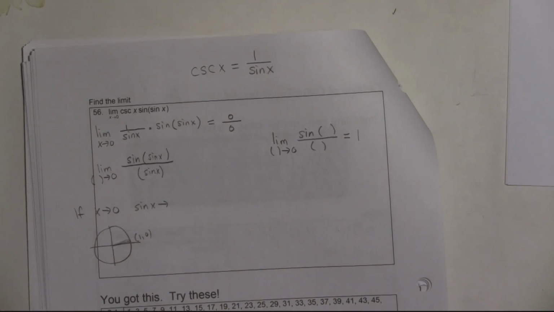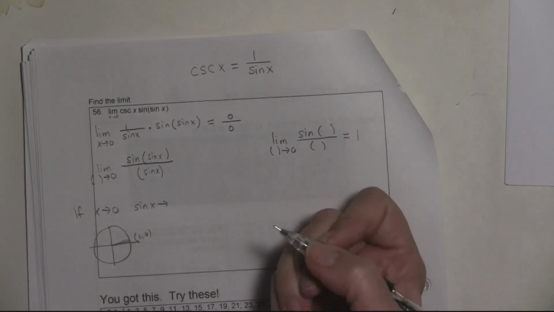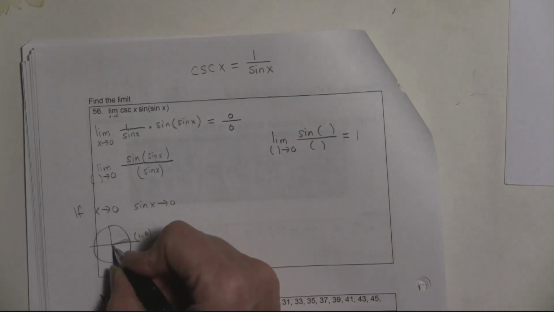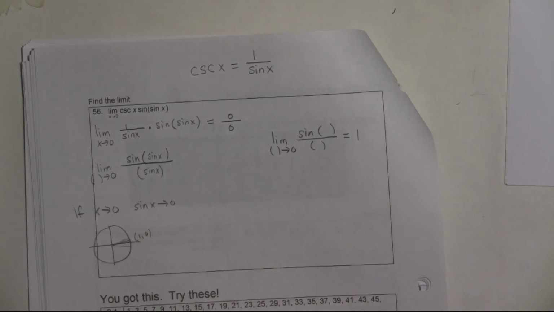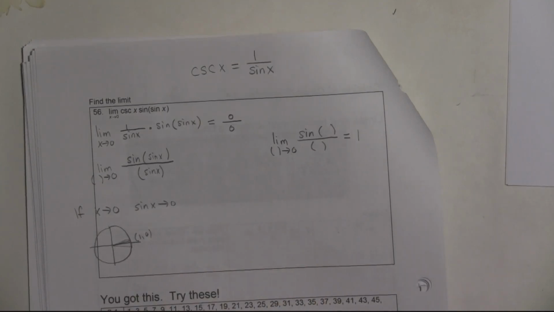And the sine is equal to the y value. So as that angle gets closer and closer to 0, it's the height, y, right? And that height is getting closer and closer to 0 from both sides, right? So as the angle is a little bit negative, and getting closer and closer to 0, well, the y value, the height here, is getting closer and closer to 0.